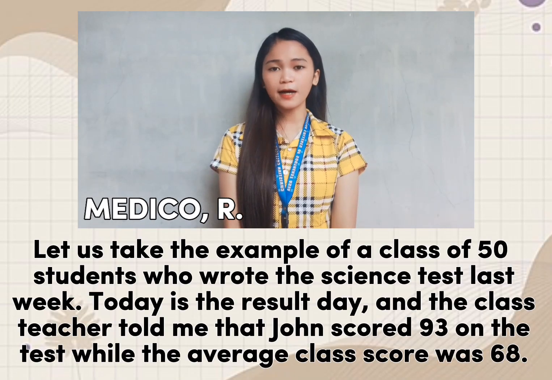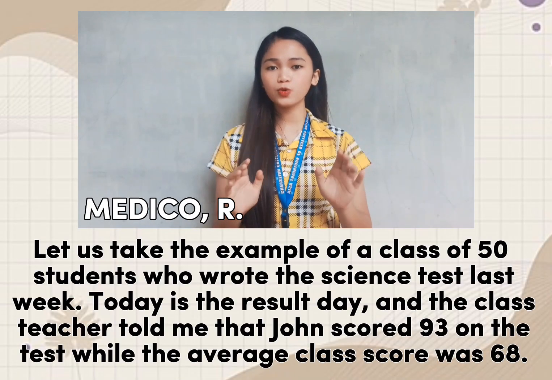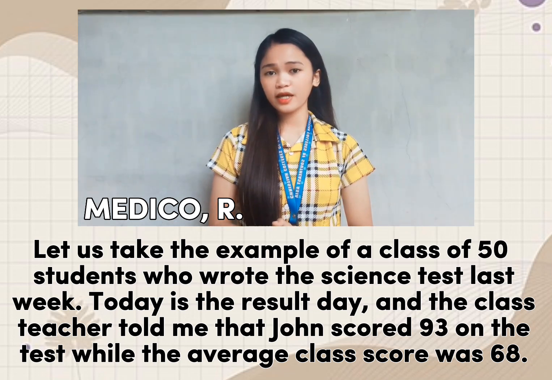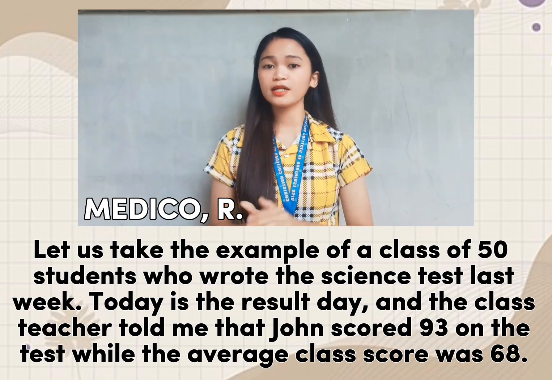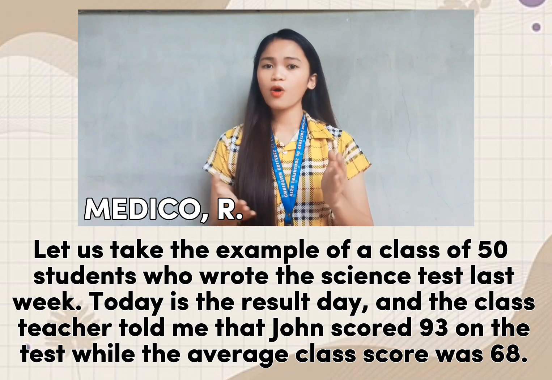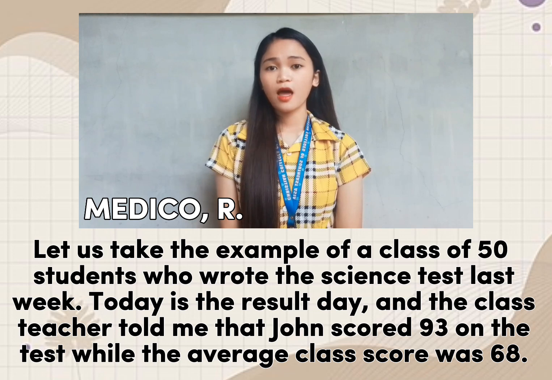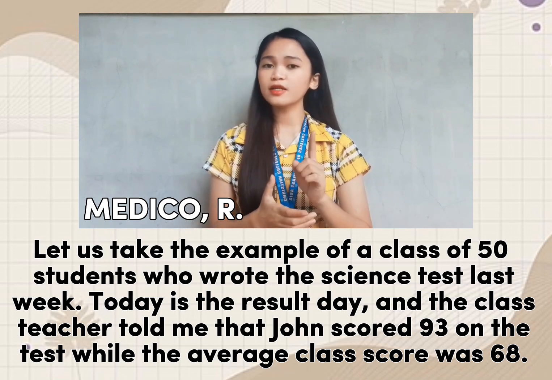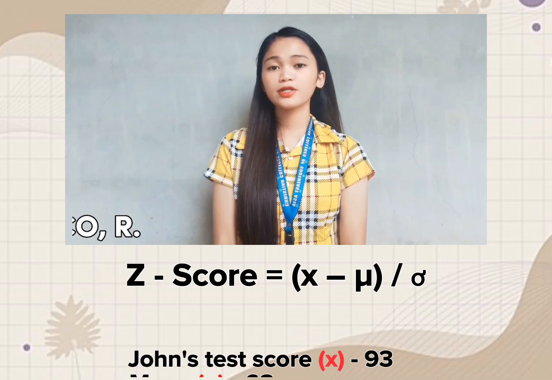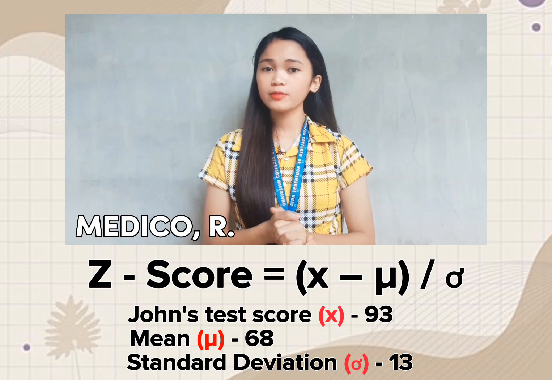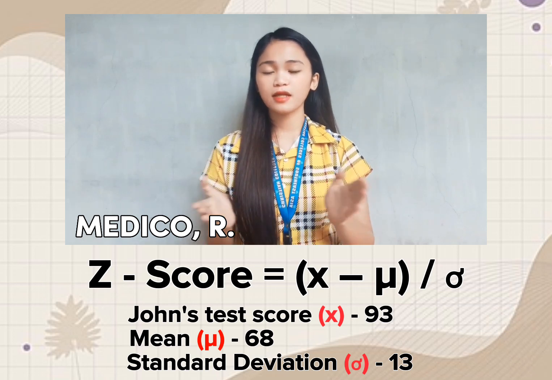Let us take the example of a class of 50 students who wrote the science test last week. Today is the result day, and the class teacher told me that John scored 93 on the test while the class average was 68. So first, let's determine the z-score for John's test mark if the standard deviation is 13. Let's use the formula z equals data point minus mean divided by standard deviation.